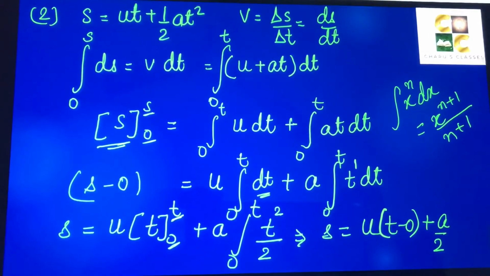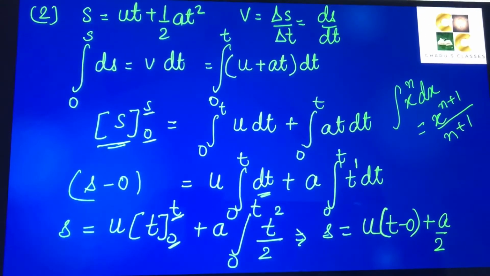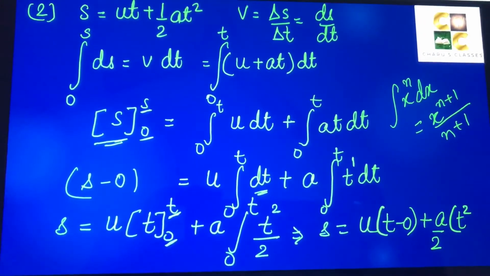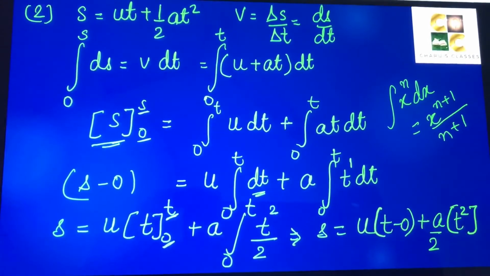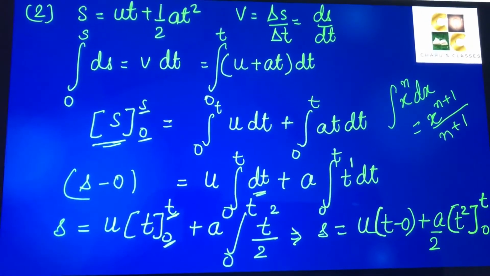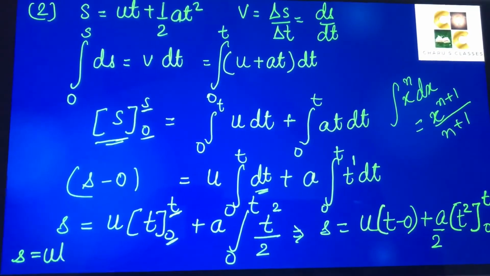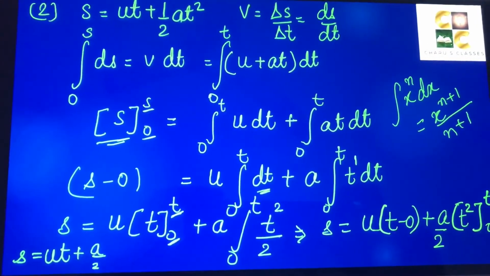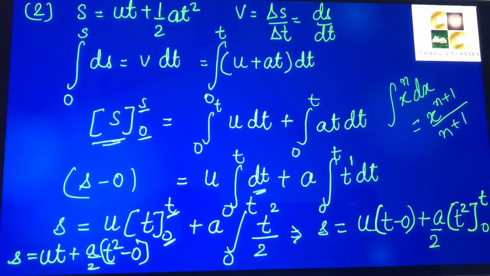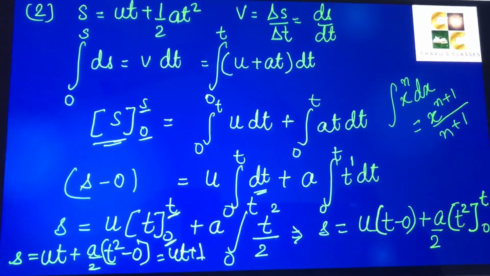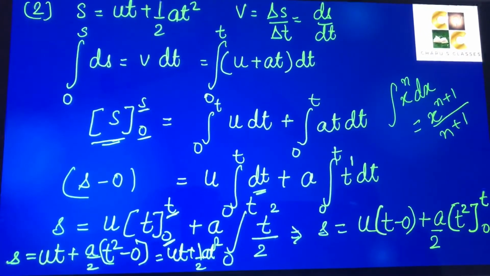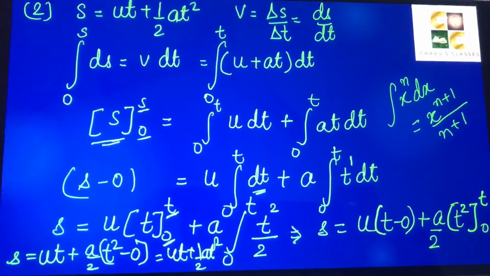We can take 2 outside as it is a constant term. So a by 2, and we have t square, where we are going to put t and 0. So we are getting s is equal to ut plus a by 2 times t square minus 0, which is ut plus half at square. So this was the second equation of motion.